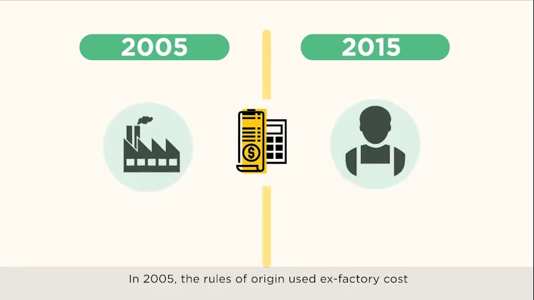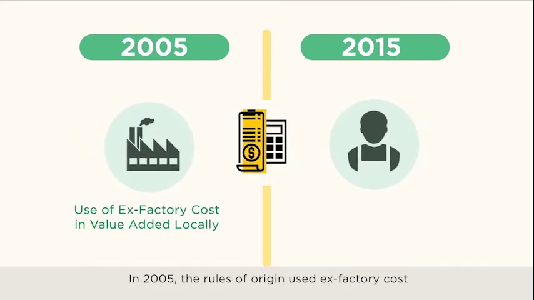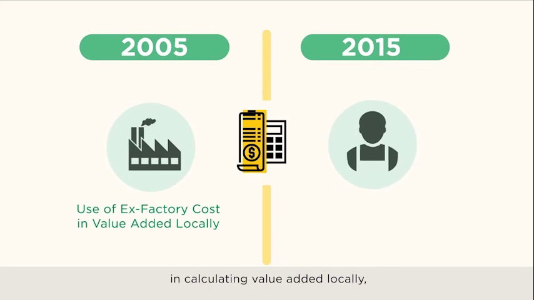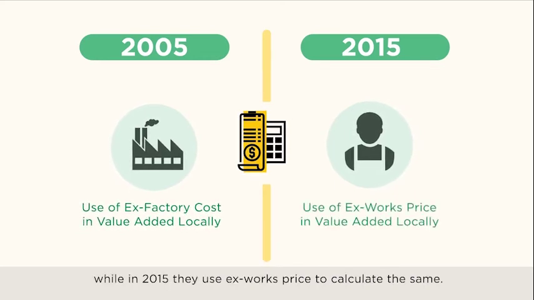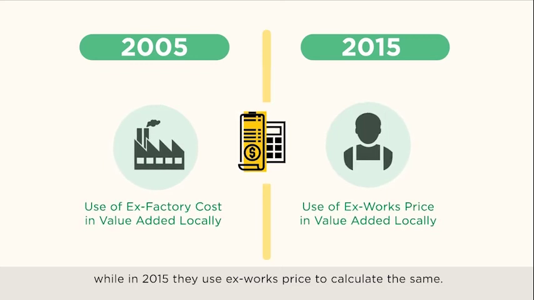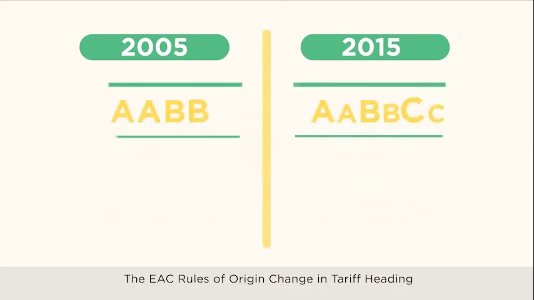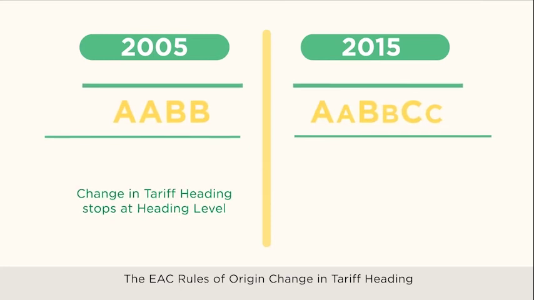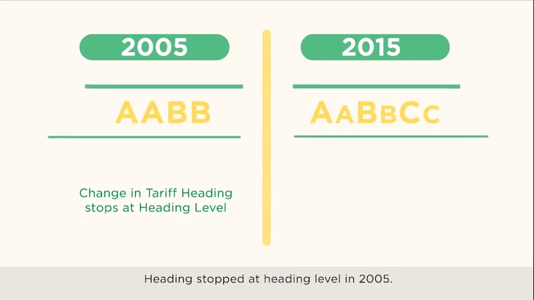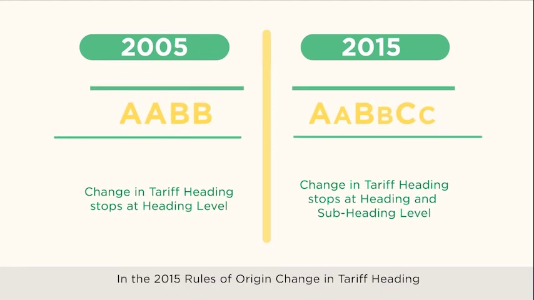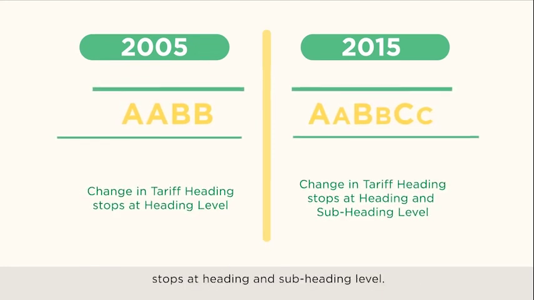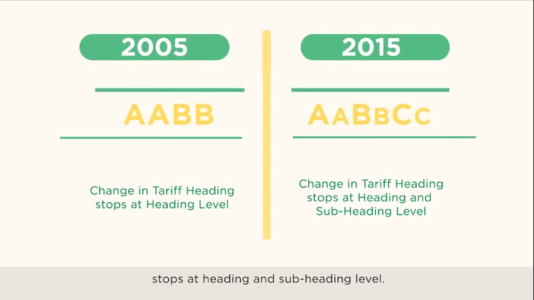In 2005, the Rules of Origin use ex-factory cost in calculating value added locally, while in 2015, they use ex-works price to calculate the same. The EAC Rules of Origin change in tariff heading stopped at heading level in 2005. In the 2015 Rules of Origin, change in tariff heading stops at heading and subheading level.